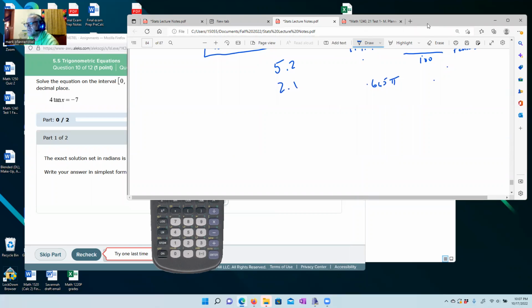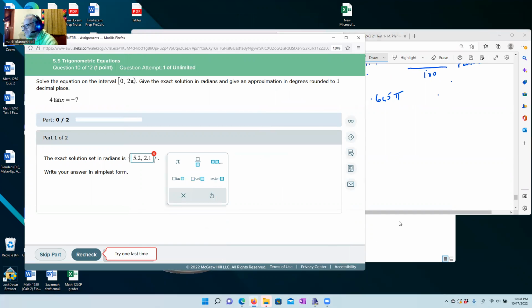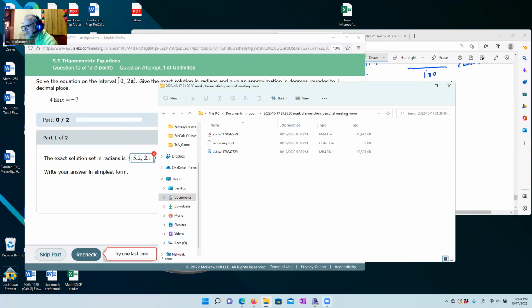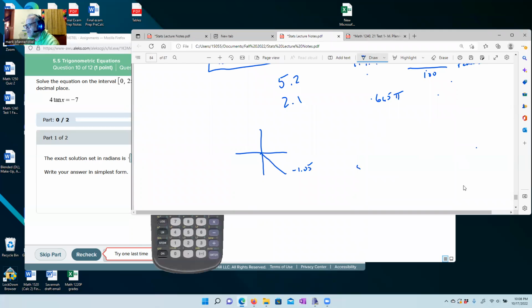Let's just add 2 pi to it so we can get it as a positive number and see what happens. We're just going to add 2 times pi. All right, we got 5.2. I'm pretty happy with that. There we go, that's 5.2.